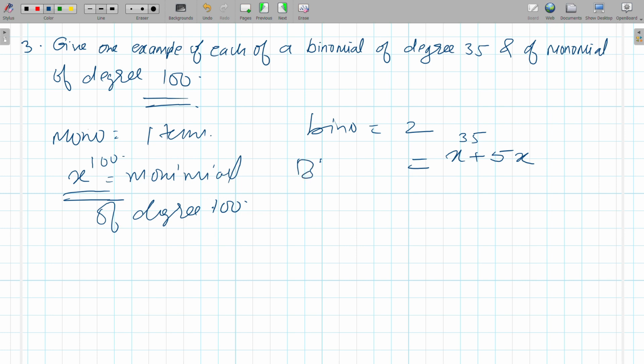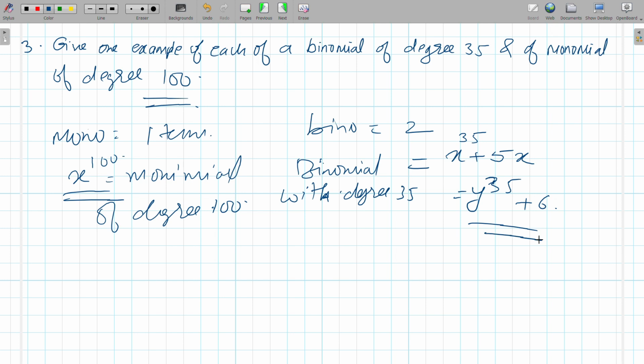So binomial with degree 35 is equal to x to the 35 plus 5x, or this can also be written as y to the 35 plus y to the 35 plus 6, like that. Okay, so this is about the third question.